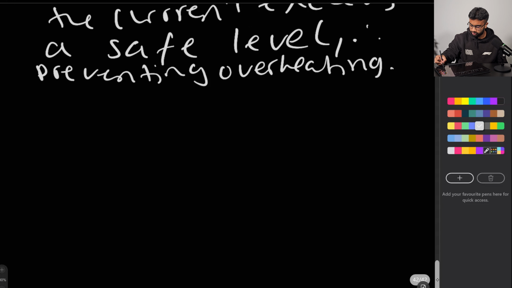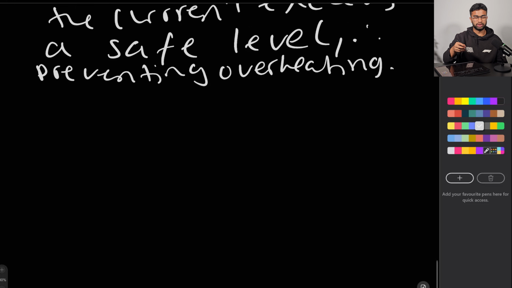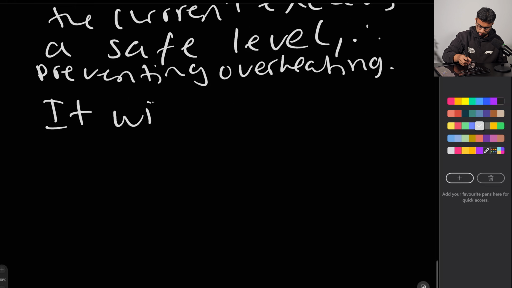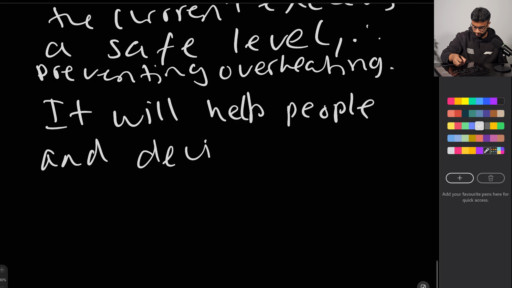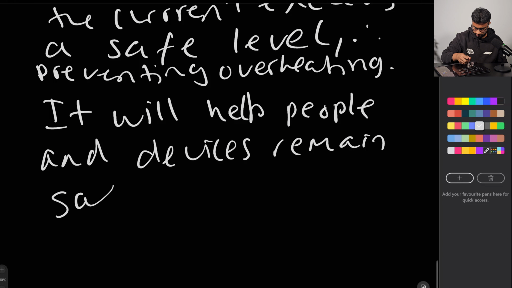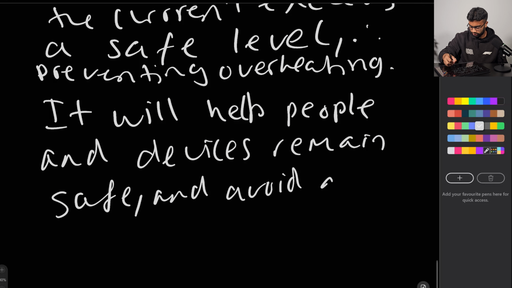We're also told to explain why this is important, and we can say that it's important as it will help people and devices remain safe and avoid any hazards.